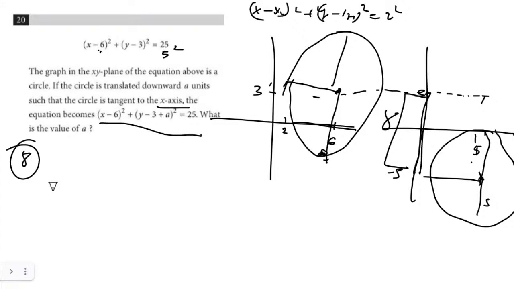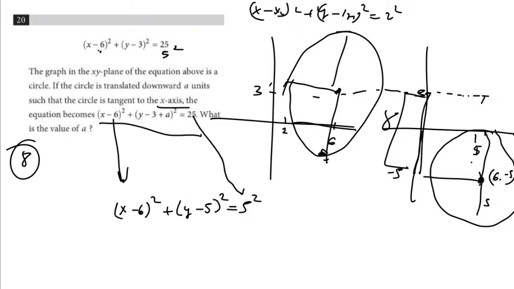Or in other words, what is the center of this? It's 6 and minus 5, the new point. So we have (x minus 6) squared plus (y minus 5) squared equals 5 squared.